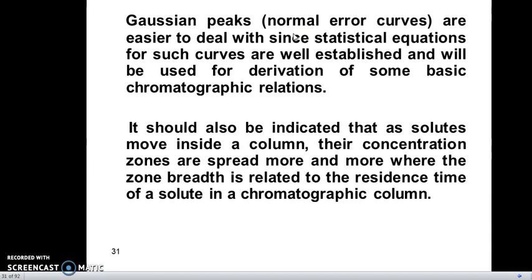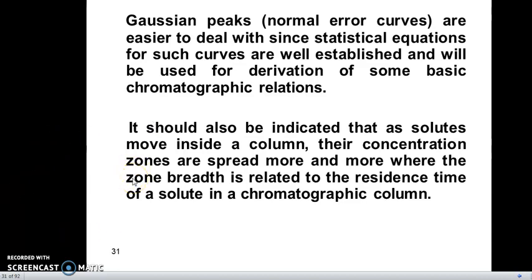So you have to vary a lot of parameters with different types of trials, and at the end of the trials you go to the statistical equation to check your curve. The peak curve is established for use in the derivation of the chromatographic factors.